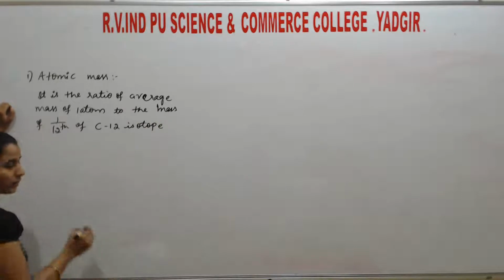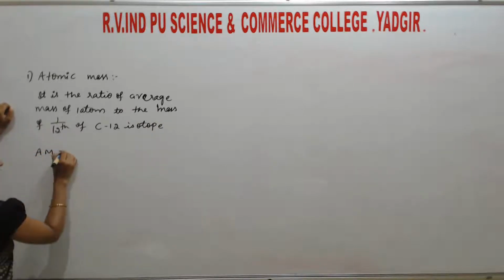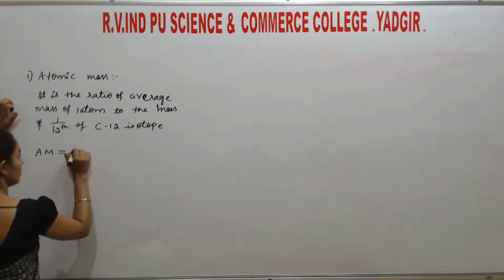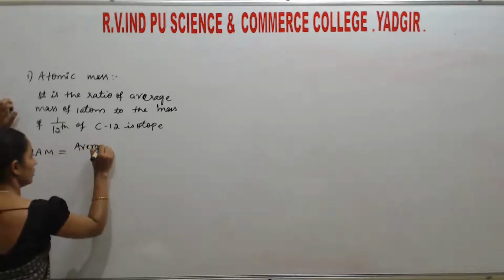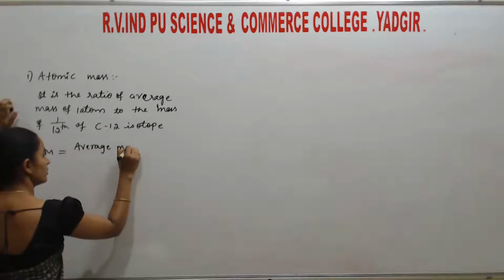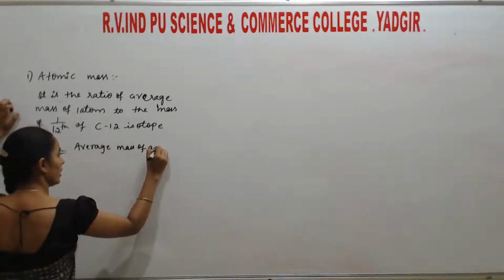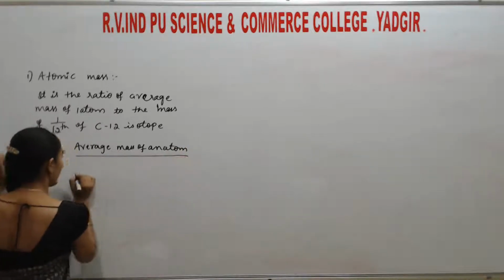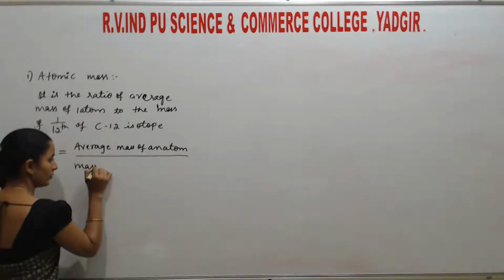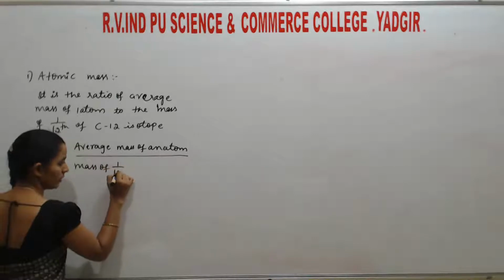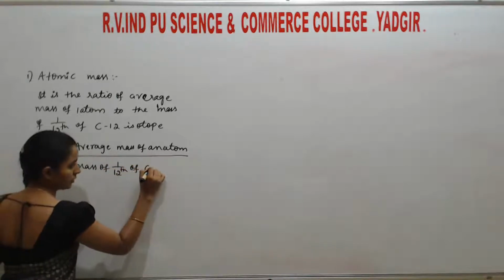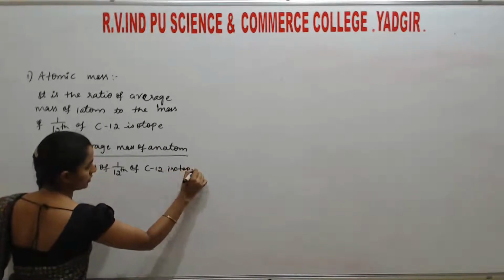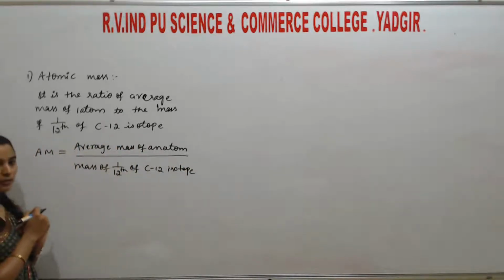So students, here atomic mass is equal to average mass of an atom divided by mass of 1 by 12 of C12 isotope. So this is the definition, this is the formula.